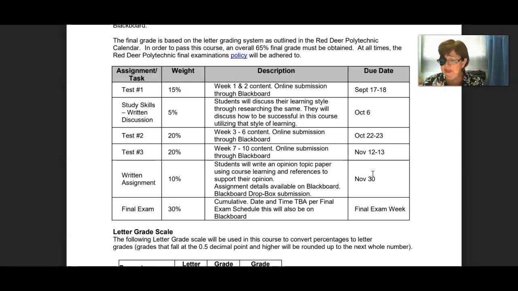The first one is only 15%. We start with a little smaller exam because some of you take a little longer to get warmed up than others. So the first one isn't weighted as much. And then we're doing a discussion, which I'll describe later on Blackboard under the assignments. And then tests 2 and 3 are worth 20% each.